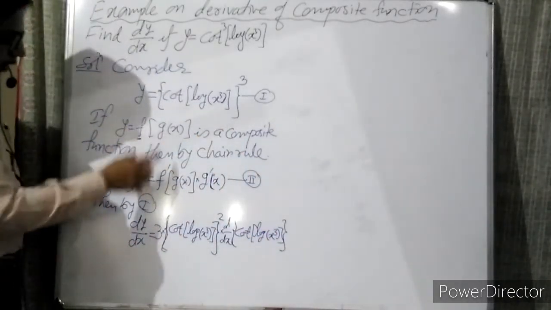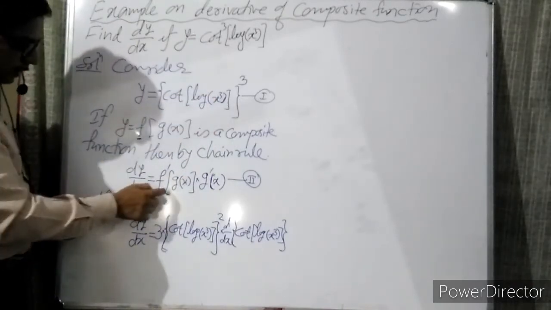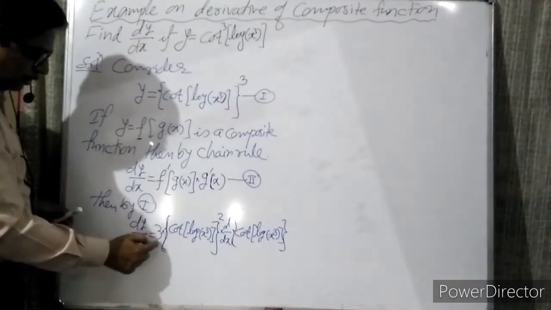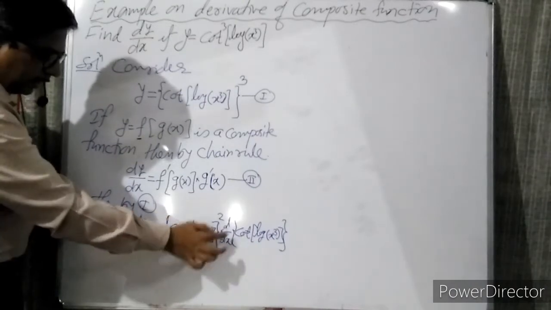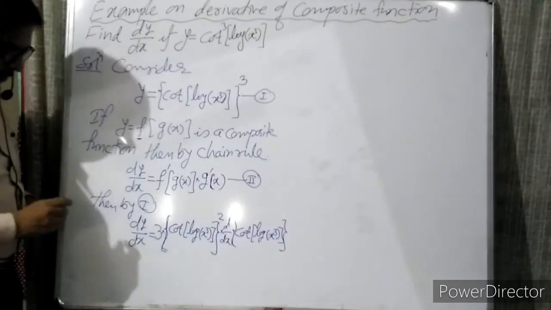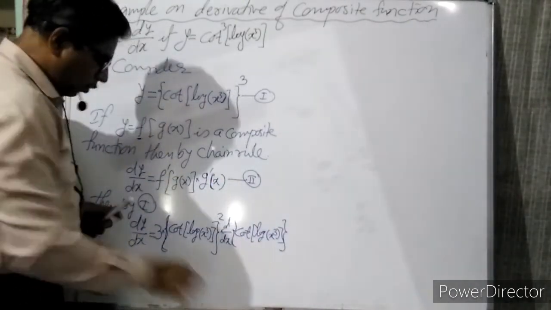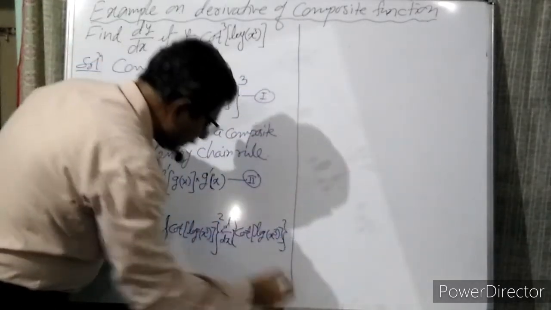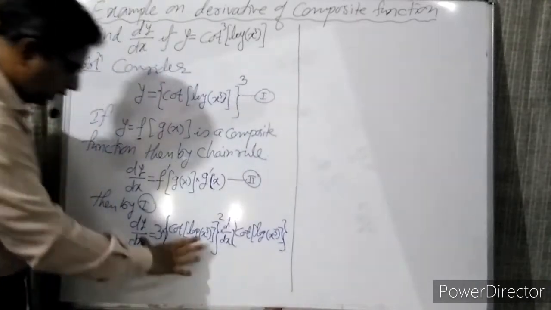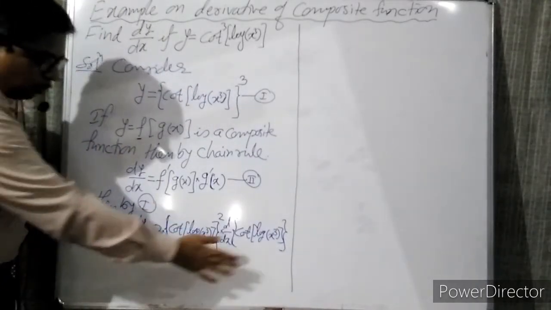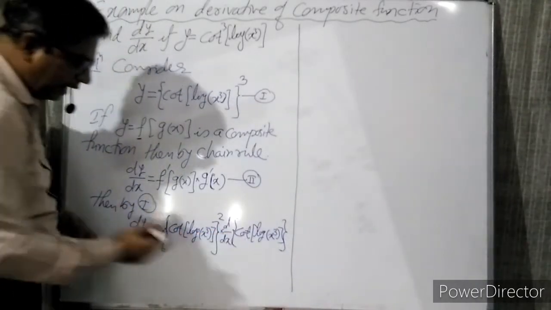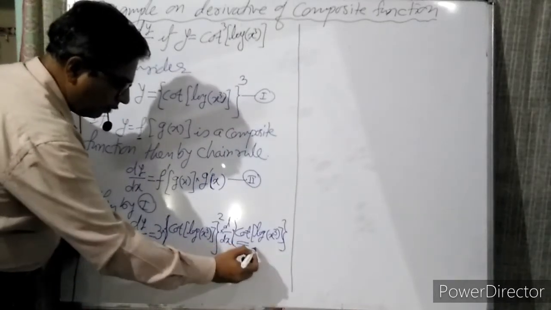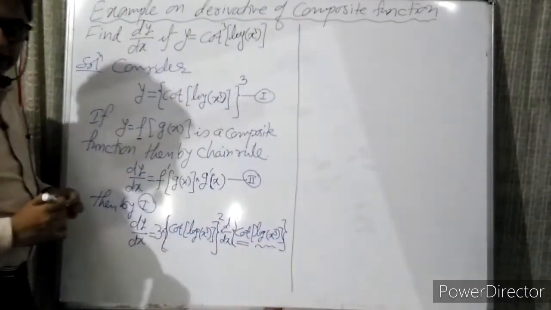So see, outer function, derivative of outer function here, f dash derivative cube is 3 into that bracket square into derivative of inner function. Okay. Now we'll go for the next stage. Here at this stage there will be no change in this part. Now we have to differentiate it. Again it is composite. This is the outer function, this is the inner function.